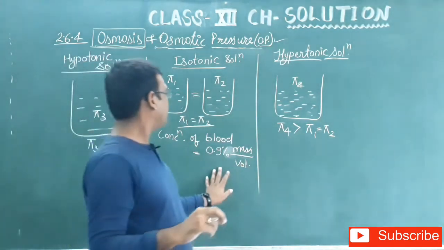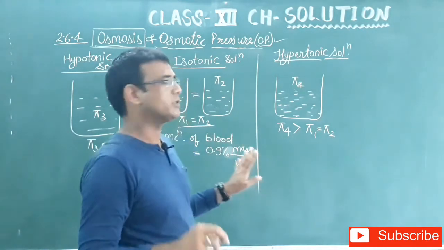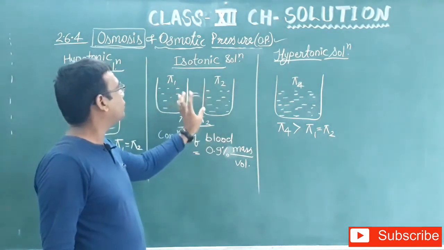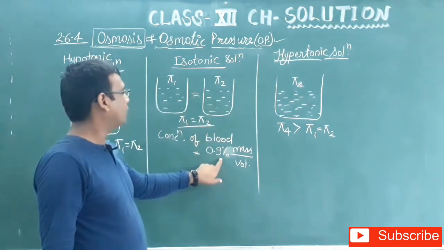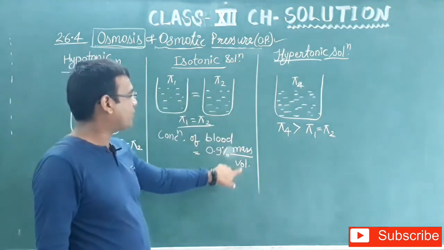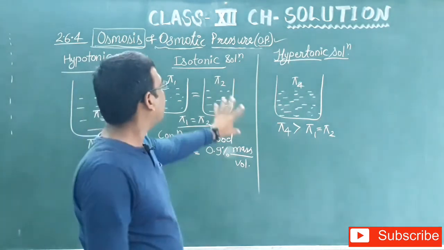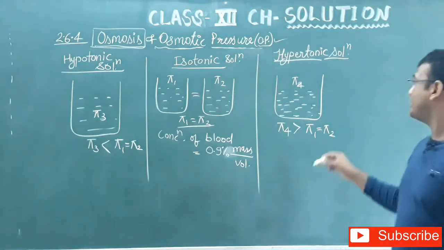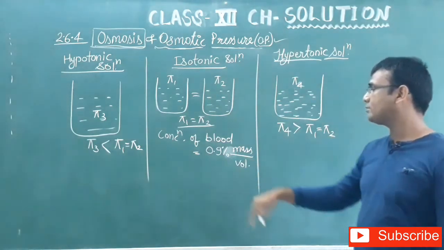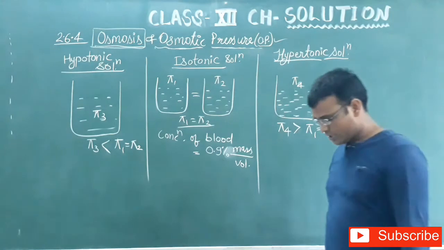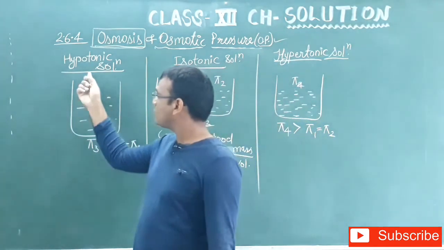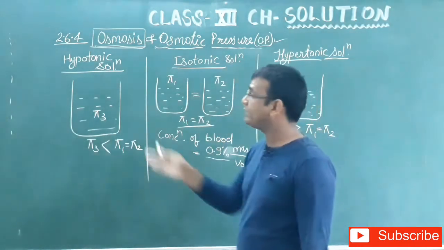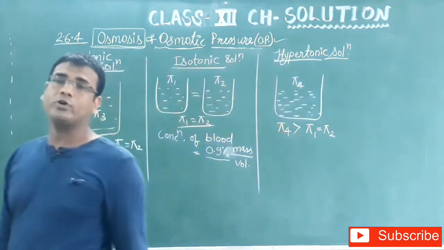This is the standard concentration. If two containers contain two different solutions with a concentration of 0.9% mass by volume, then that is called an isotonic solution. If a solution has more concentration than this, then that is called a hypertonic solution. And if the concentration of any solution is less than this concentration, then that solution is called a hypotonic solution.